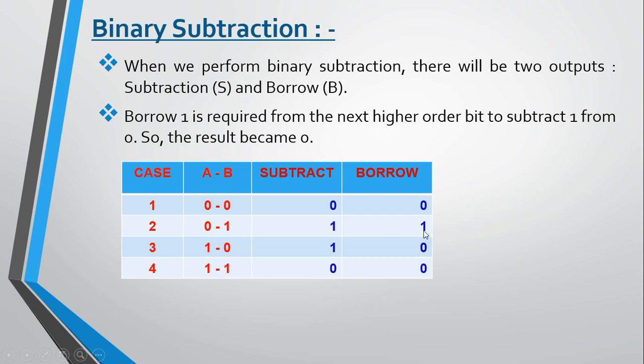So for that you need to take a borrow and write 1 in the subtraction area. 1 minus 0 will naturally return 1, and there is no borrow in this case. For the fourth case, 1 minus 1 will be 0, with 0 as the subtraction and borrow. So this is the table for performing binary subtraction, which you need to keep in mind.